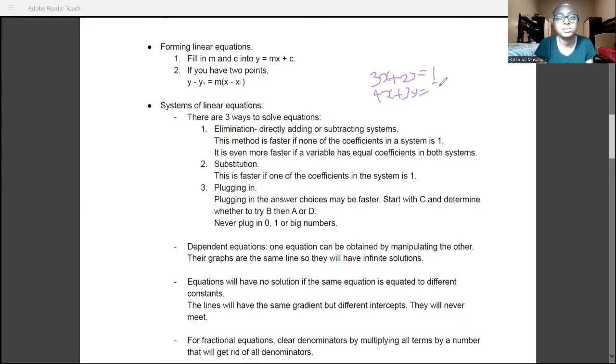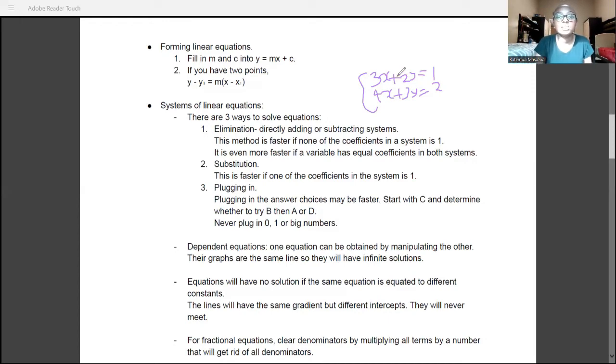If you're dealing with such a system, you would have to multiply both equations by numbers that would make you reach a point where the coefficients for one of the variables are equal in the 2 equations, right? Of course, it's easier to deal with smaller numbers as compared to big numbers.